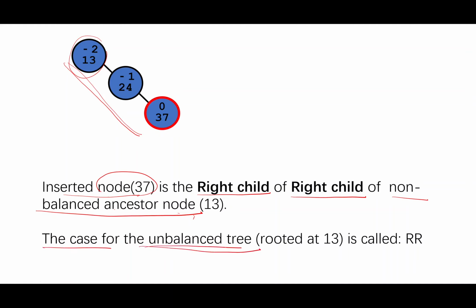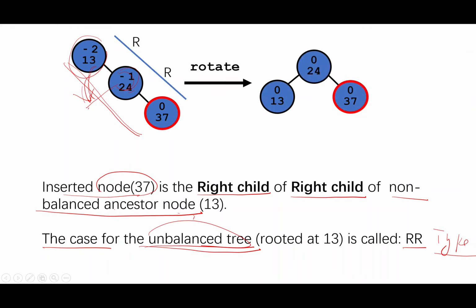This case for this unbalanced tree is called the RR type unbalanced tree. For this unbalanced tree, we just rotate around this node, rotating this node to be the left child of this node. Then the tree will become a balanced tree.